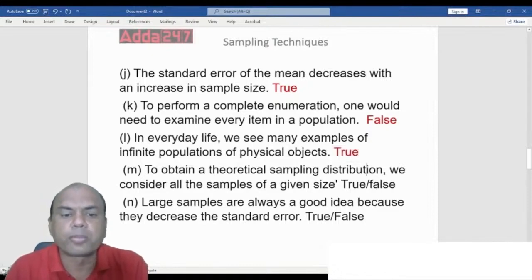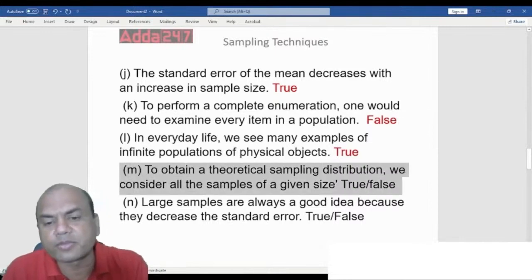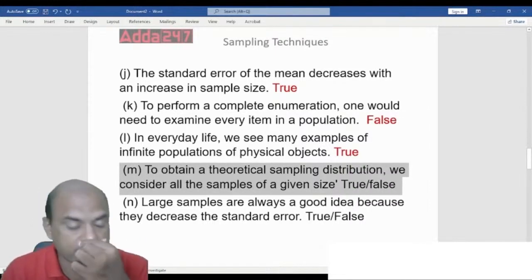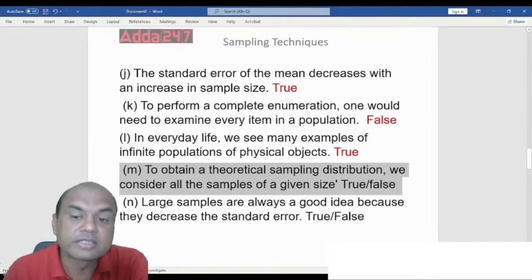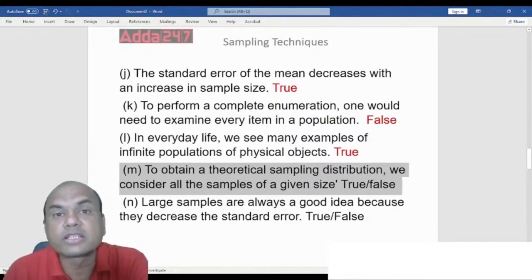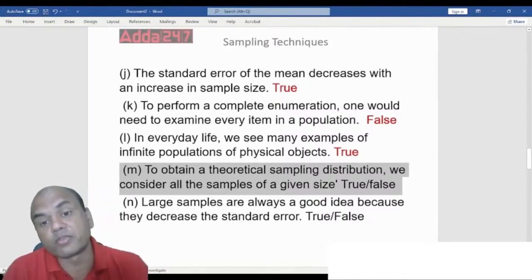Next one. To obtain a theoretical sampling distribution, we consider all the samples of the given size. To obtain a theoretical sampling distribution means what is the total number of samples taken and how the samples are distributed. This comes under the normal curve, the bell curve we call it.